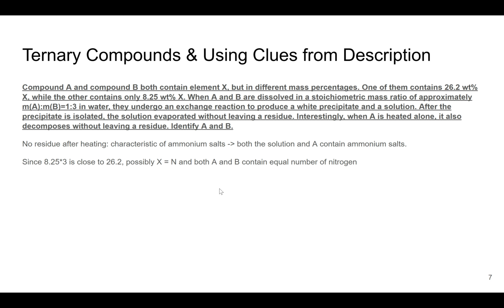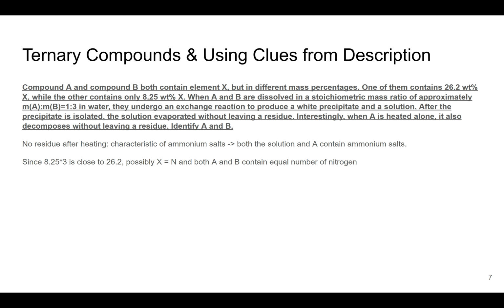And this is something I've highlighted just now. 8.25 times 3 is quite close to 26.2. So possibly element X is just nitrogen, and both A and B contain an equal number of nitrogen. This is because we know that both the solution and A contain ammonium salts.